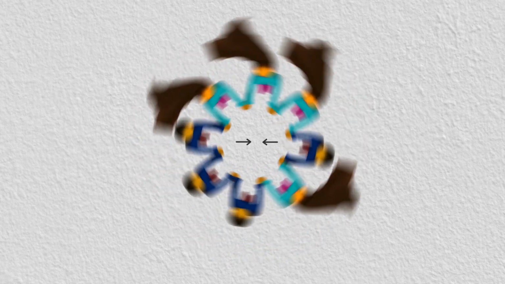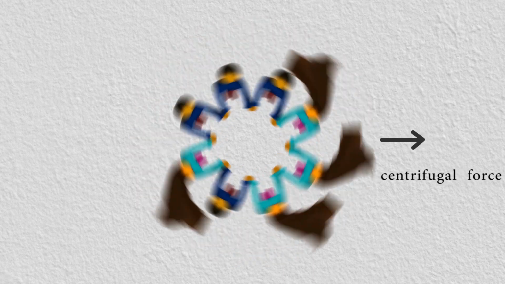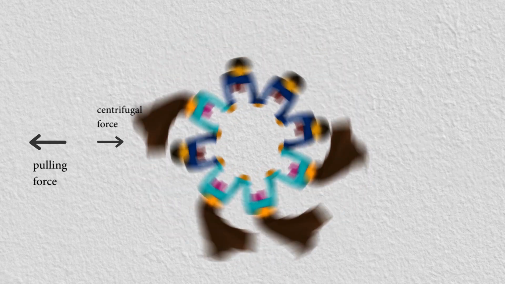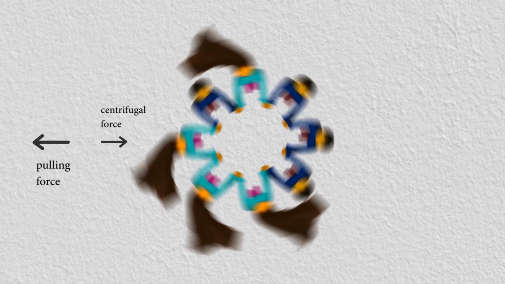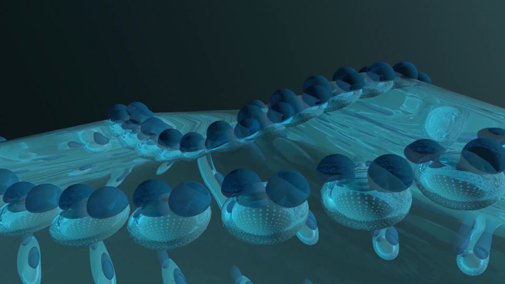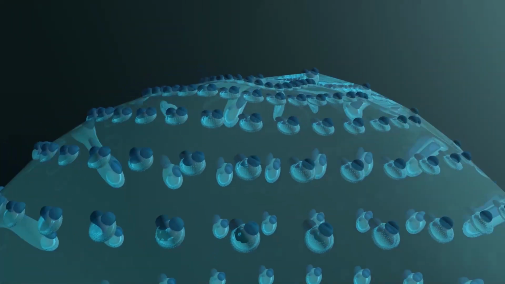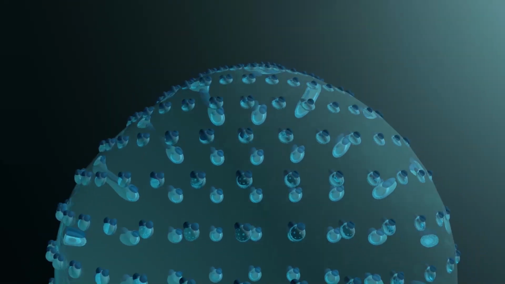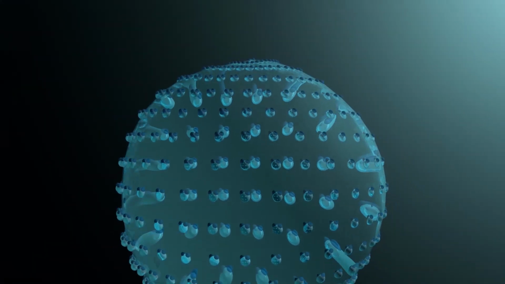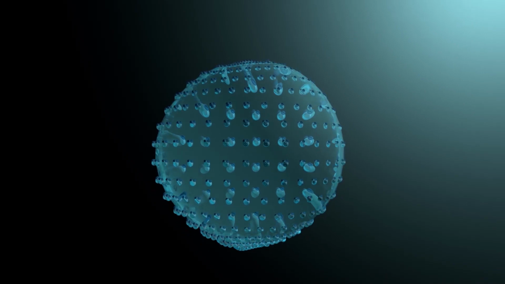As all of you are pulling each other inside against the centrifugal force, which is trying to push you outwards, and its net force is creating a circle. Same happens with surface tension. Well, the only difference is here it's only water molecules that are pulling each other inside, and there is no centrifugal force or anything else like that.